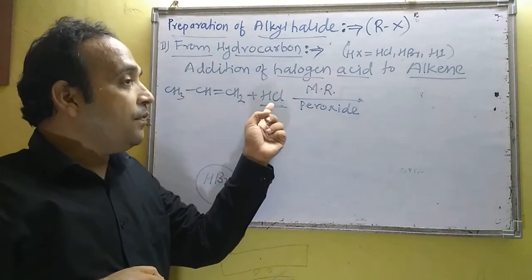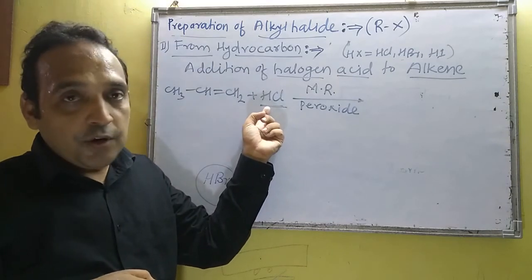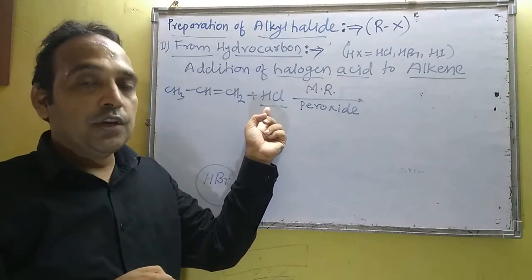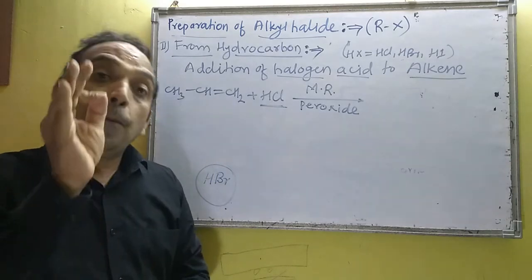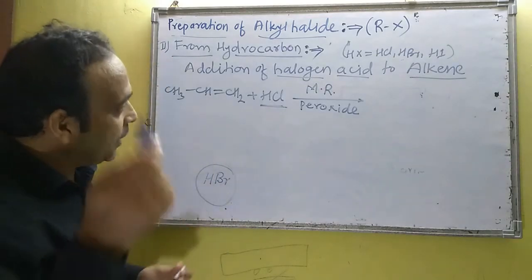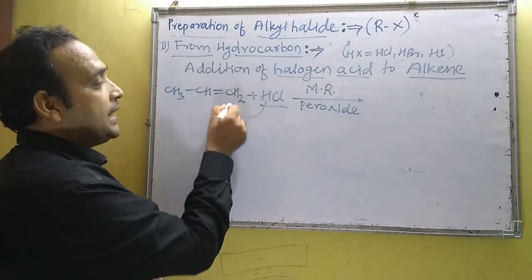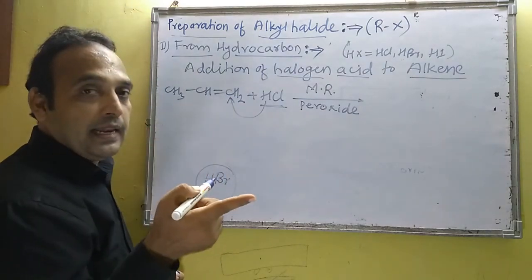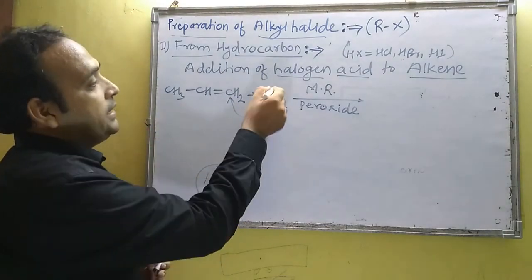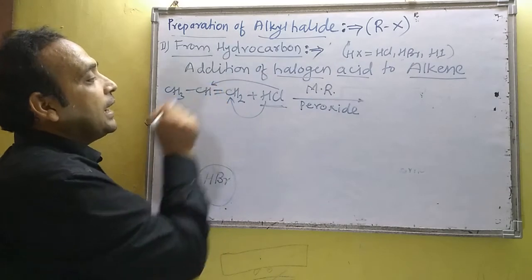Now instead of HBr, HCl is given to you. Now here addition will take place according to Markovnikov rule, and according to Markovnikov rule, you know, H attaches to the less alkylated carbon and Cl attaches to the more alkylated carbon.